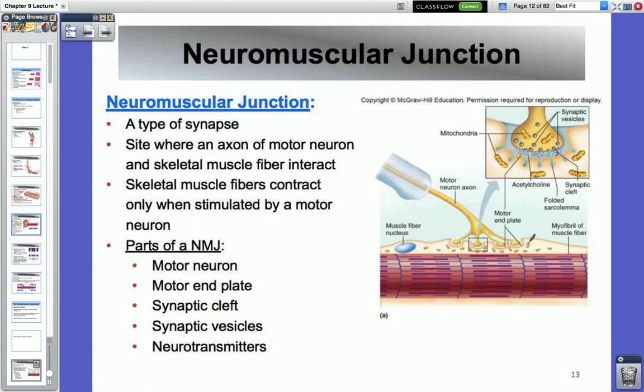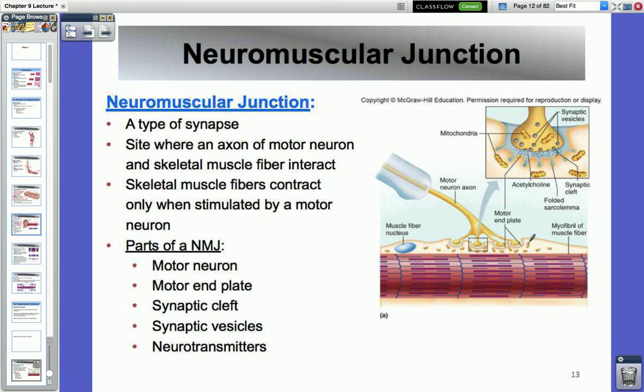And so the area where a muscle cell and a nerve cell interact is called a neuromuscular junction. We call that a synapse. And a synapse is just a junction between a nerve cell and something else.